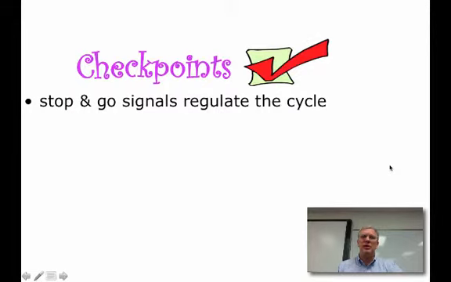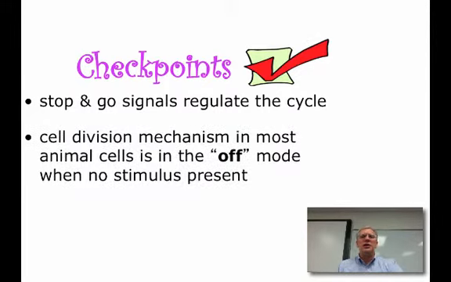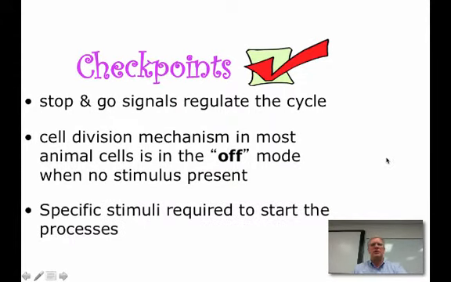There are stop and go signals that regulate the cell cycle. Typically the cell is in the off mode. The cell is not undergoing cell division most of the time. They're usually in interphase, and they don't enter mitosis until some sort of a signal is presented to them.